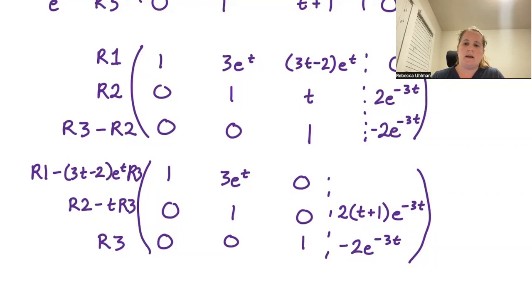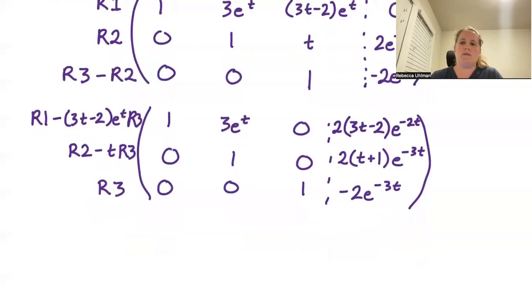The right-hand side, we are subtracting off (3t minus 2) times e to the t times negative 2e to the negative 3t. So that becomes plus 2 times (3t minus 2). And then e to the t times e to the negative 3t is e to the negative 2t.